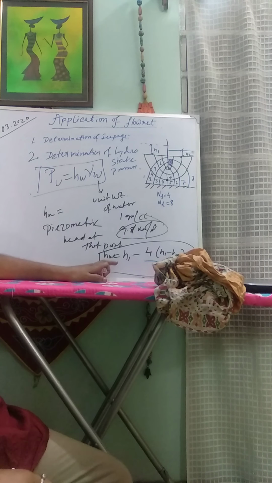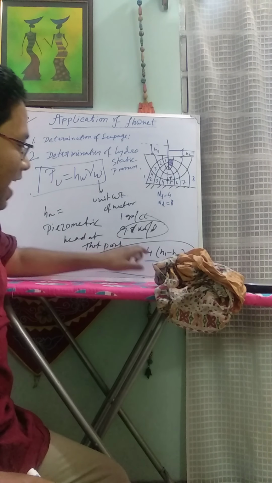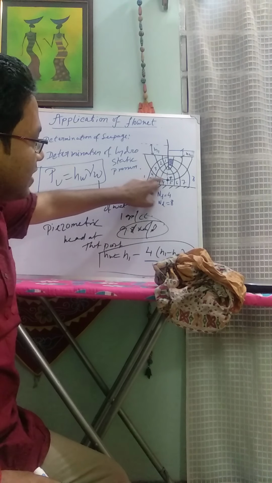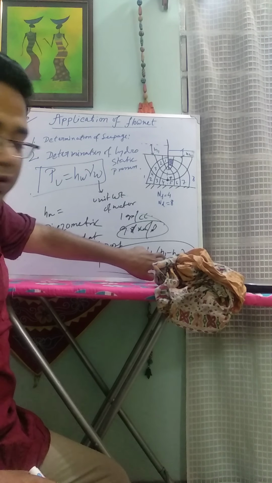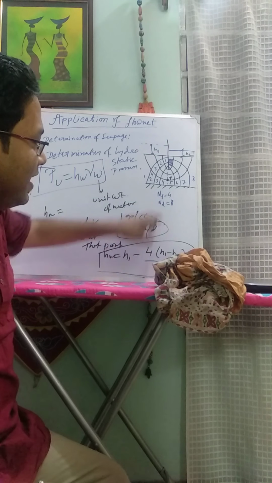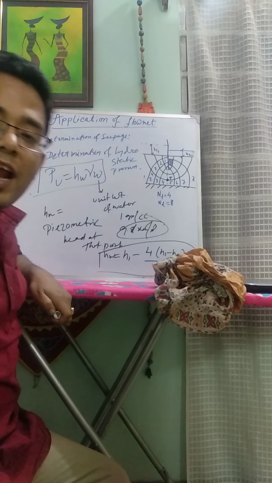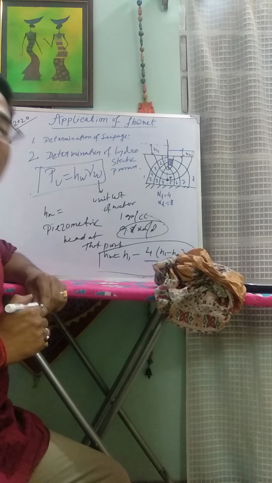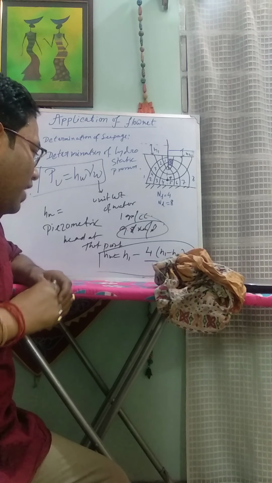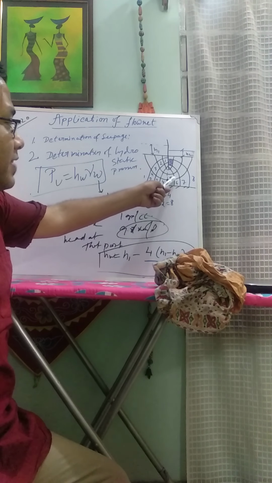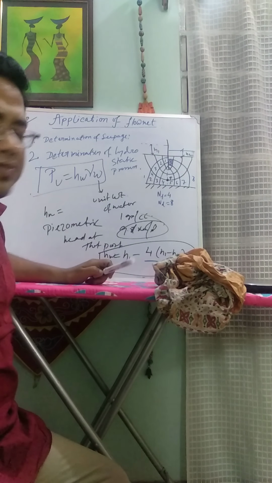That means for this point, H1 is the head and NF up to P is 1, 2, 3, 4, so 4 into the head difference by ND gives HW. Put the value here and you can easily find out the hydrostatic pressure at any point. Suppose at this point then it will be 5, at this point it will be 6.